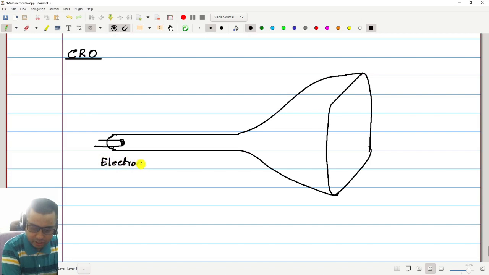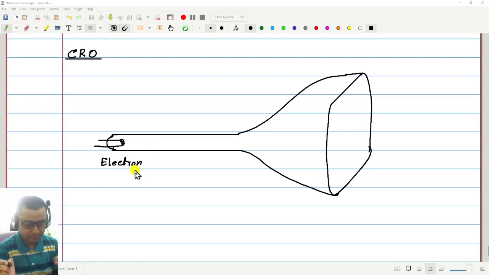What is an electron gun? Basically, some cathode material is heated up, and from that electrons are emitted. Then in front of that we have some arrangement for focusing the emitted electrons.